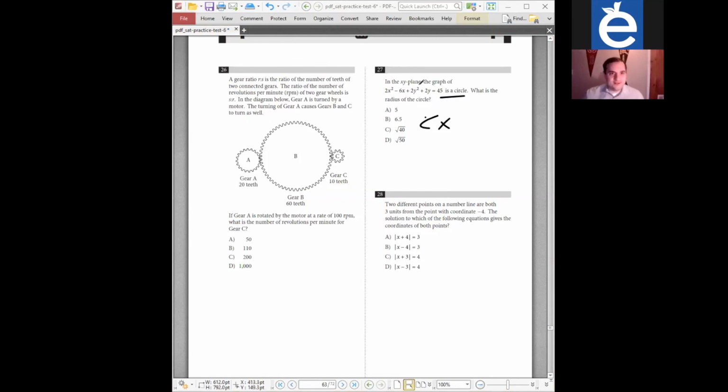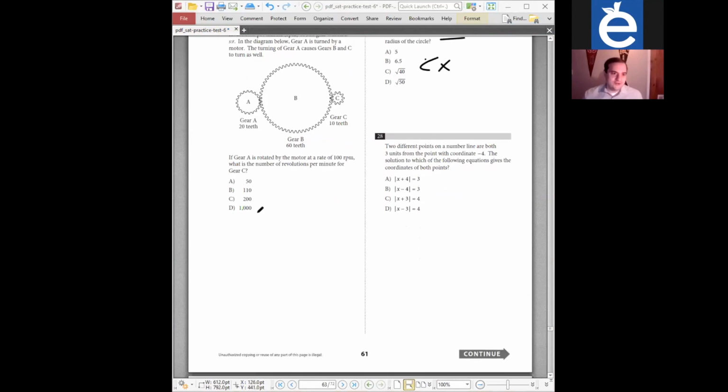So in the plane, what's going on here? The equation of a circle is x minus h squared plus y minus k squared is equal to the radius squared, right?